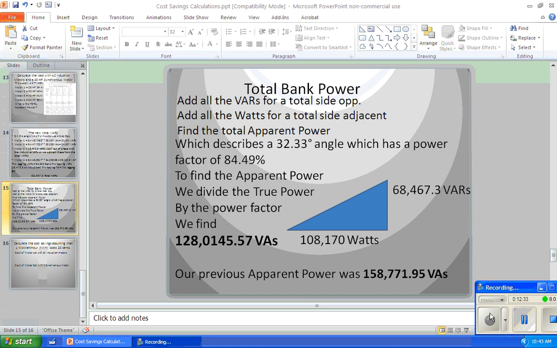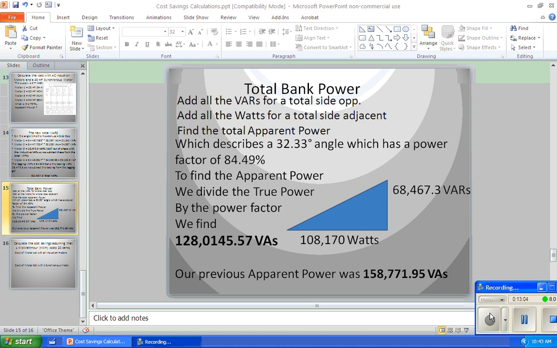All right, so our total bank power. We find that we have 68,467.3 VARs, 108,170 watts, and that describes a 32.33 degree angle and a power factor of 84.49%. And we can find that the apparent power is the true power divided by the power factor.